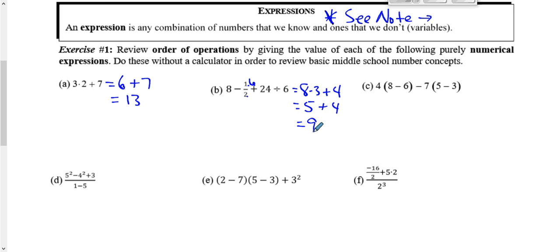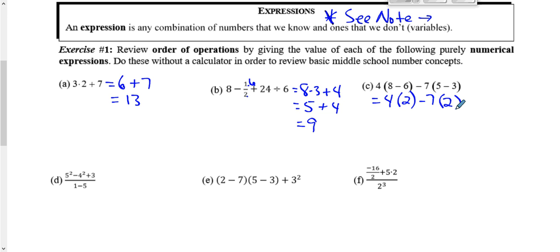Okay, let's look at this next one. I'll go down below it because there's not much room over there. So we have parentheses, we have grouping symbols, right? Okay, so we should do that stuff first. So this would be 4 times what? 2 minus 7 times 2 again, right?